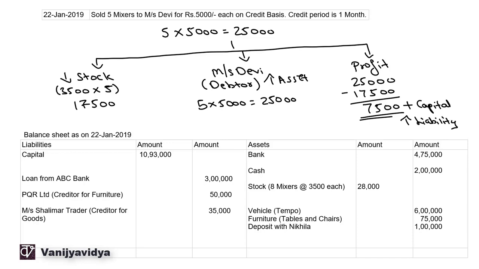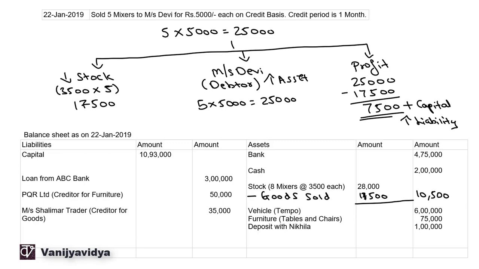Now let's see the impact of this transaction on the balance sheet. First is the decrease in stock by 17,500. So in stock, goods sold 17,500. So in the outer column 10,500.